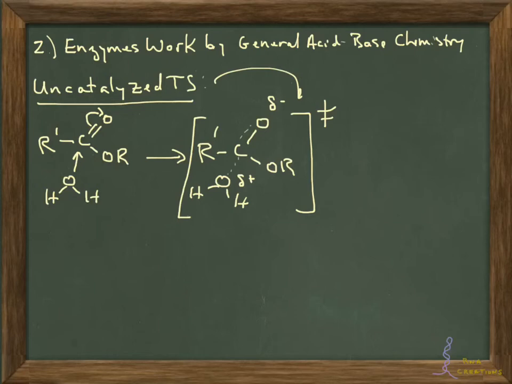And so you can say, well, which is worse, a partial minus charge on a carbonyl or a partial positive charge on water? What do you think is worse? Which is more unfavorable? Partial positive on water. Yeah, it's a partial positive on water. This is really bad news.